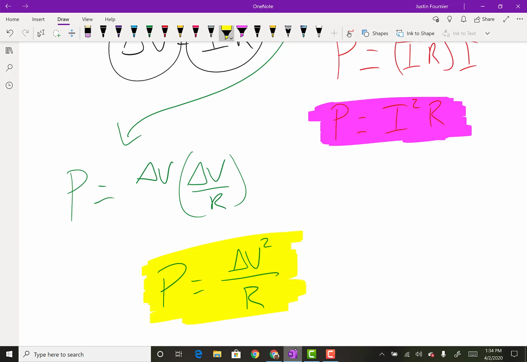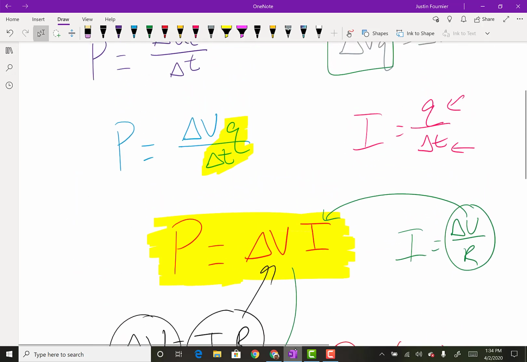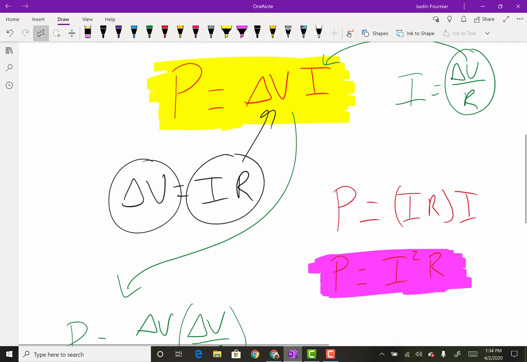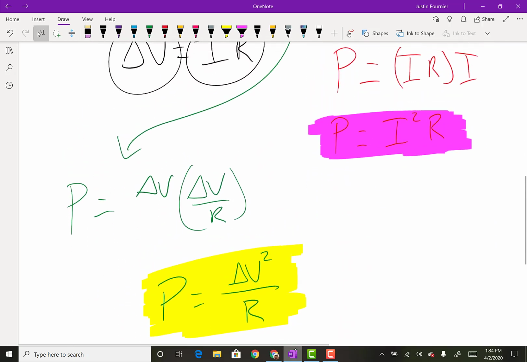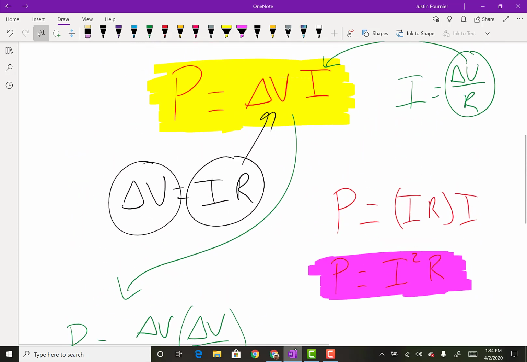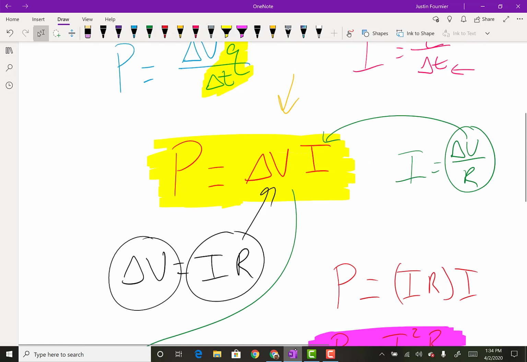Typically, we stick to power equals IV. We stick to that one. But you can use any one of those other ones as well, as nice little shorthand. But really, it's just plugging Ohm's law into the power equation. So there you go.